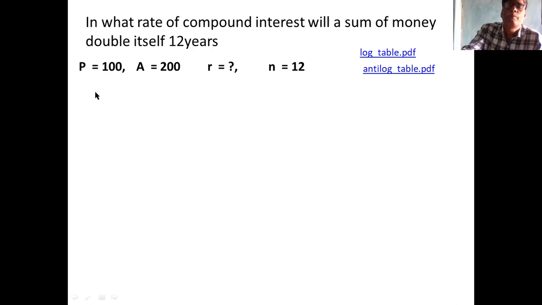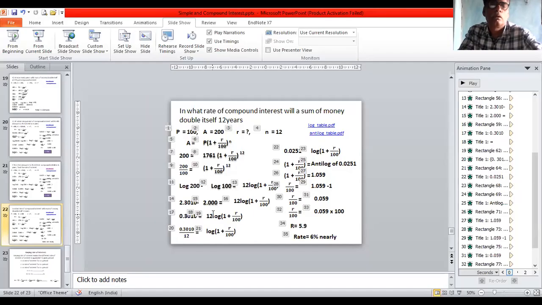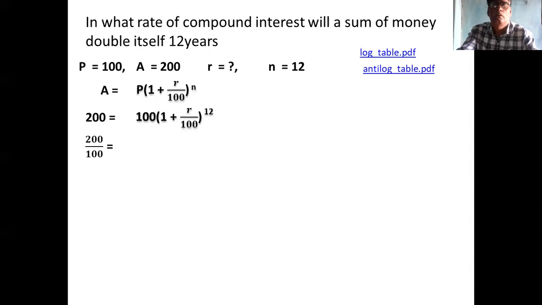Then apply the equation. A is equal to P in the bracket 1 plus R by 100 raised to N. Okay. Then fill the values. A is 200, P is 100, 1 plus R by 100 raised to N, N is 12.